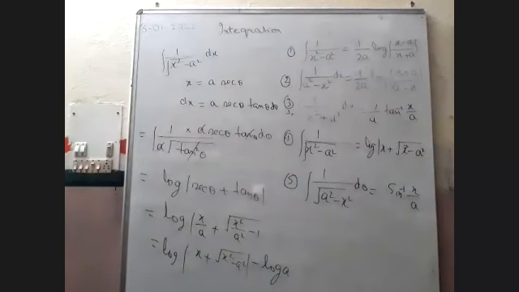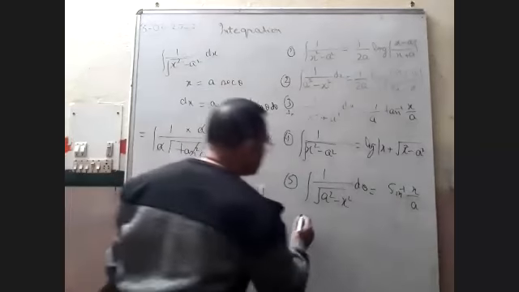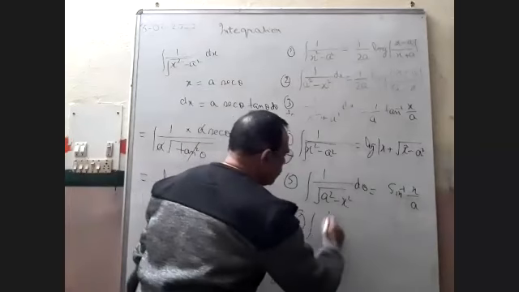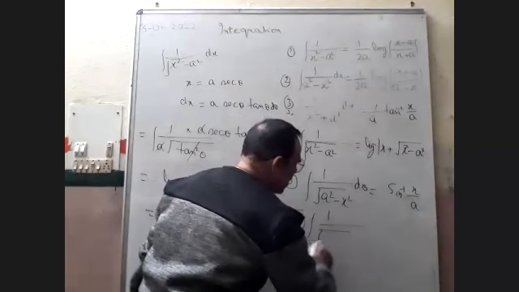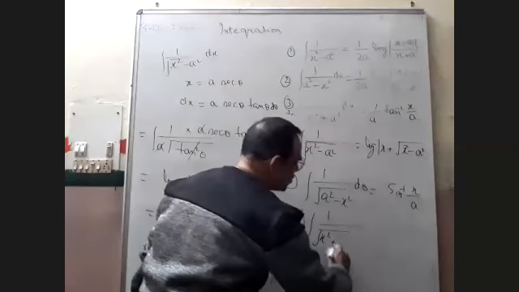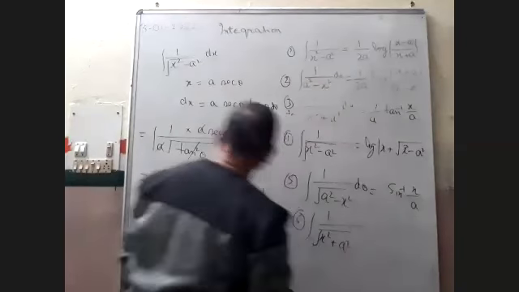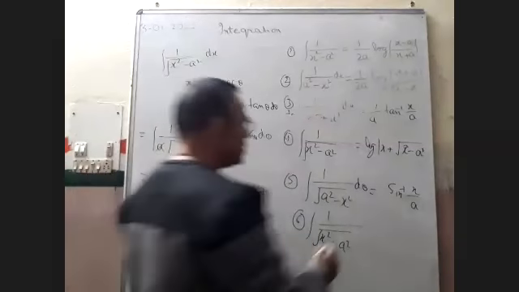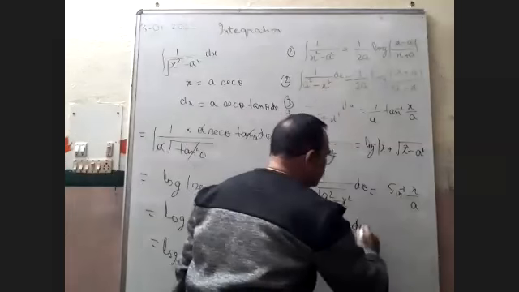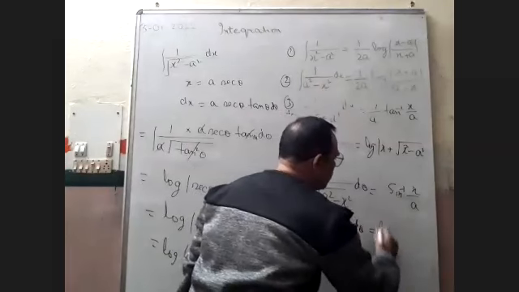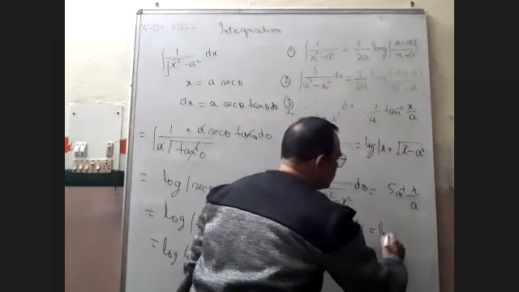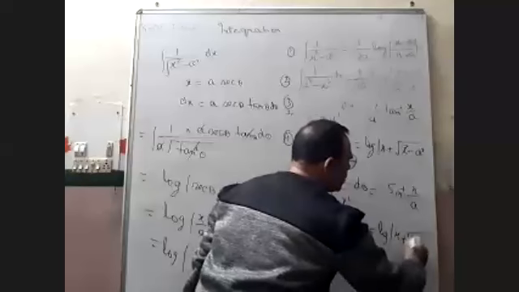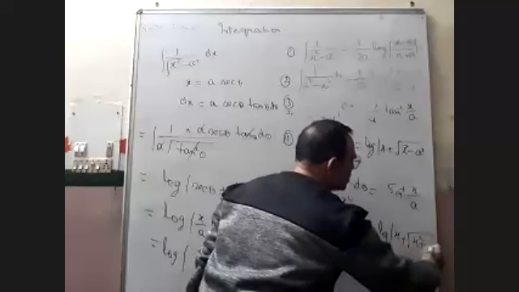And for x square plus a square, formula number 6, 1 upon under root x square plus a square. It is just similar to this formula. You have to put x is equal to a tan theta. If you put a tan theta, you will get log of x plus under root x square plus a square.